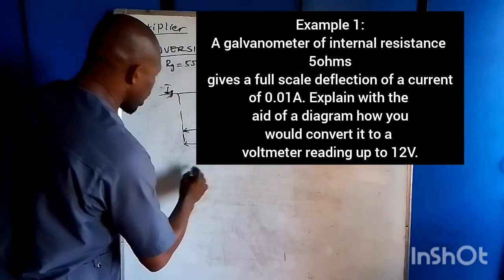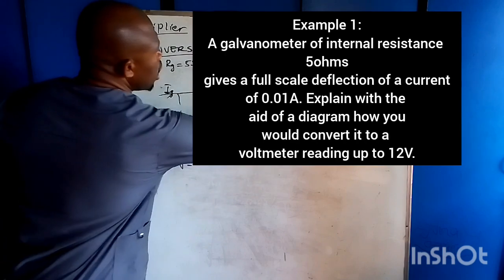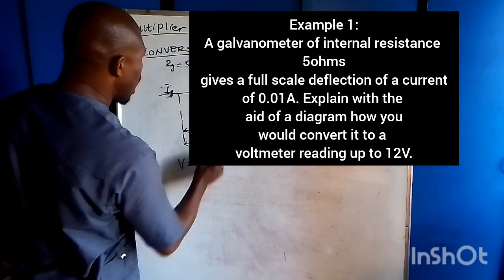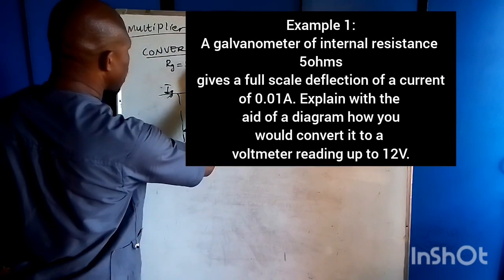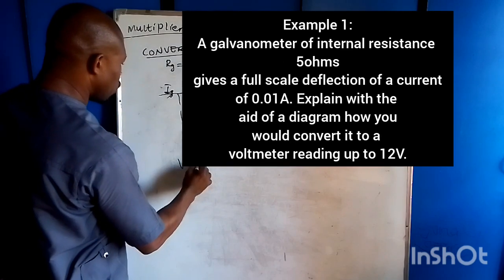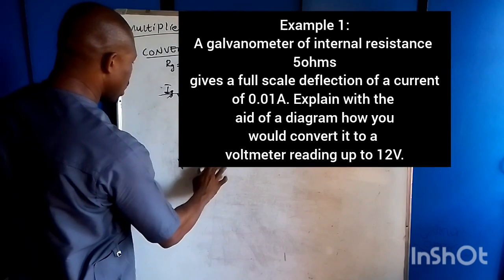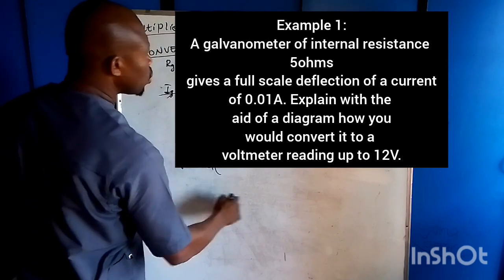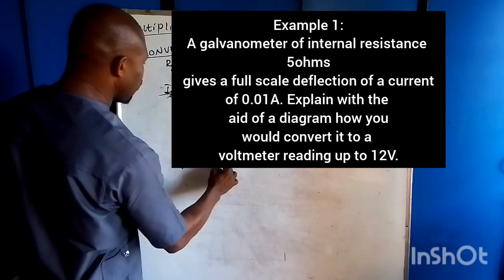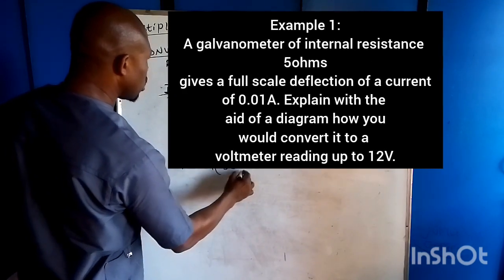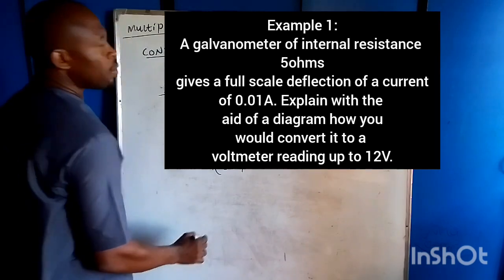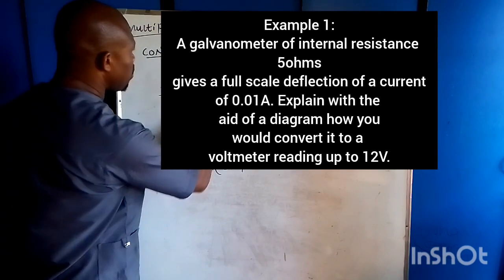If we substitute, we have V is equal to, in place of IG, 0.01, into RG, the resistance of the galvanometer, 5 ohms, plus the multiplier.